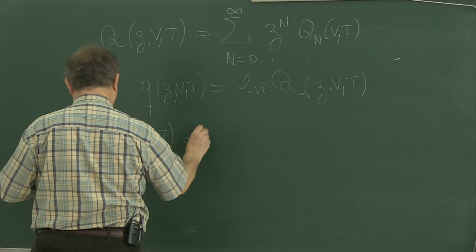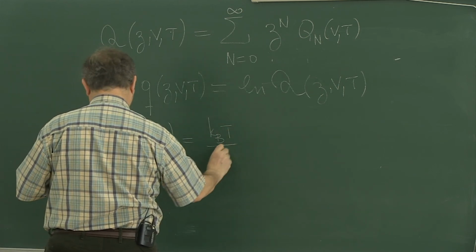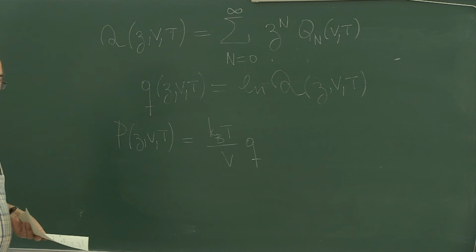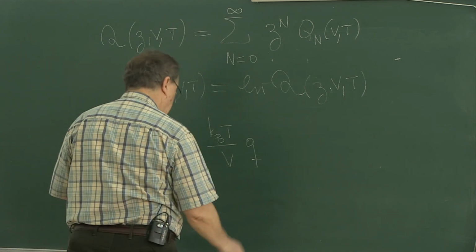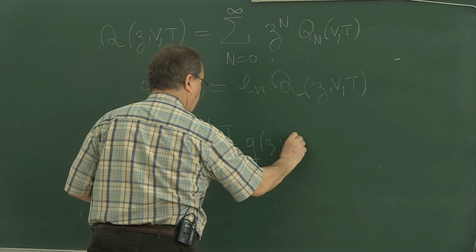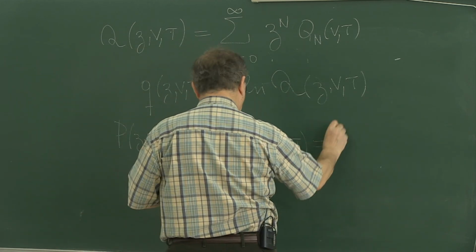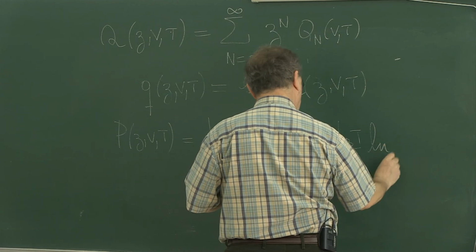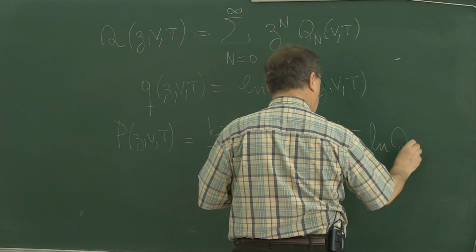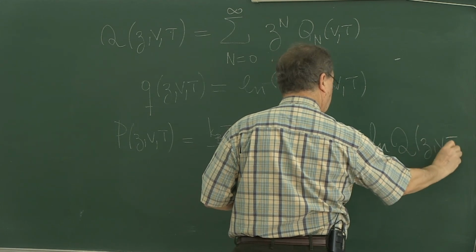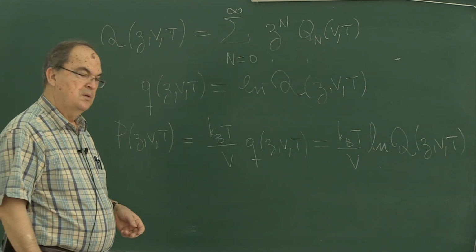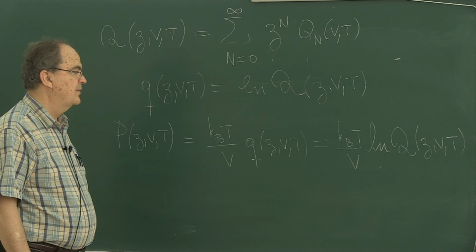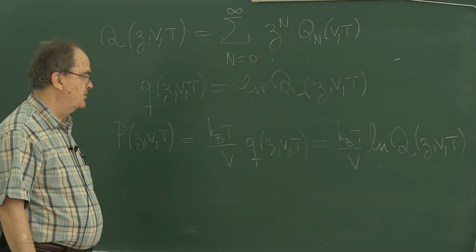The pressure is, well, we have found that, remember, kBT over V times Q of z, V, T. So it is related to the grand canonical partition function as kBT over V times ln of curly Q. So if you know the grand canonical partition function, you know the pressure.